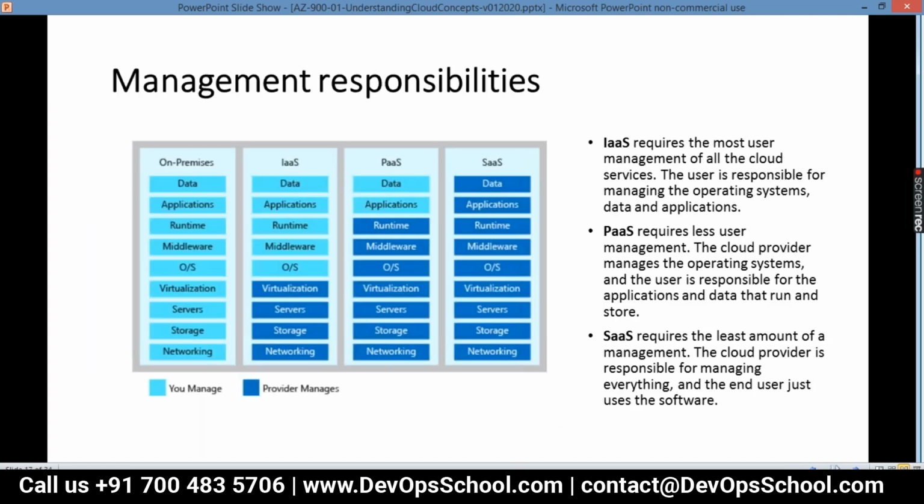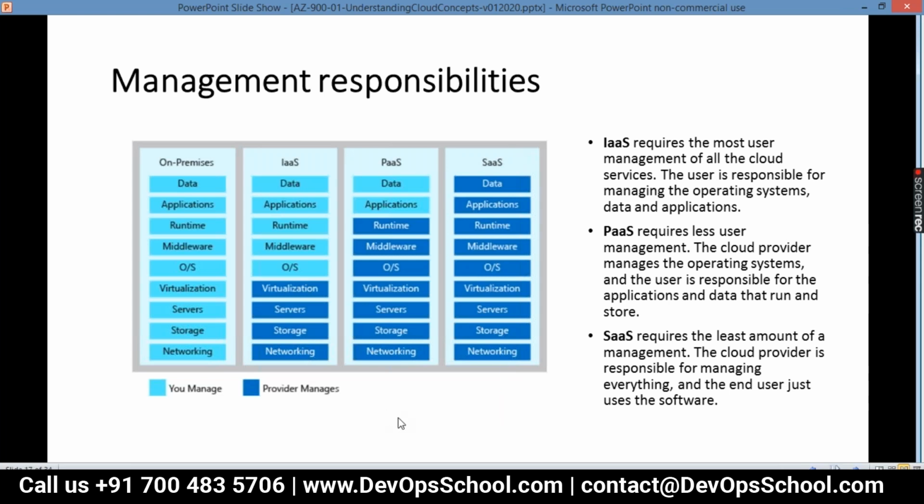Now we are going to discuss the management responsibility of infrastructure as a service, platform as a service, and software as a service. As we briefly discussed, these things we manage, and the virtual servers and so on, the cloud provider manages. In SaaS we are not going to manage anything.